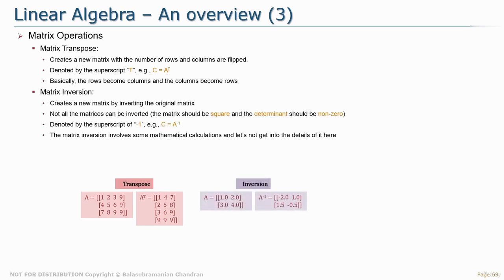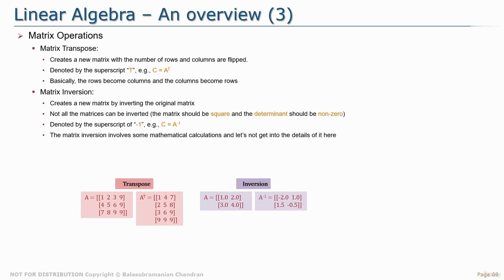Matrix inversion. Matrix inversion creates a new matrix by inverting the original matrix. Not all the matrices can be inverted. The matrix should be square and the determinant should be non-zero. They are denoted by the superscript -1. Example, C is equal to A to the power of -1.